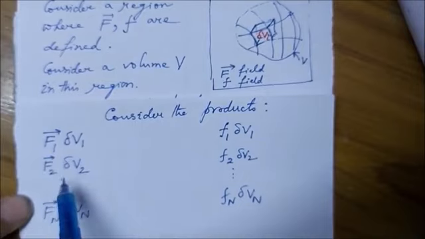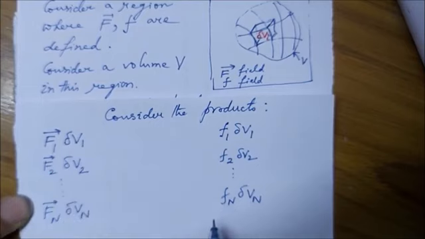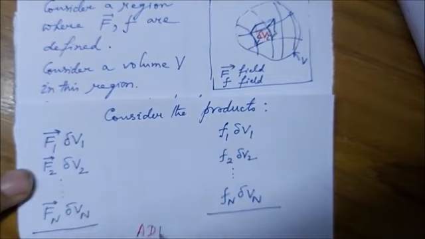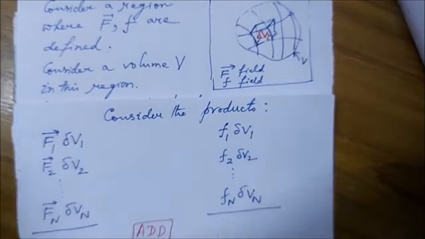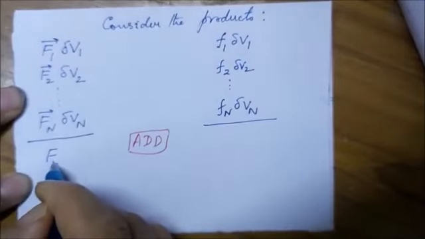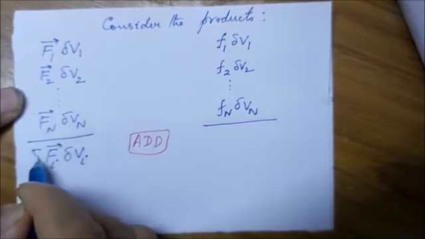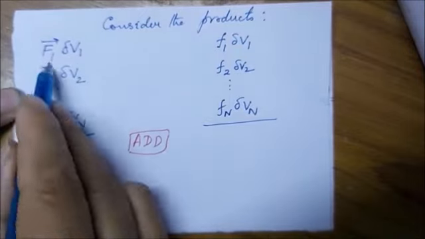Therefore, dot or cross sign should be avoided. Let us add such products to get. Let us write the ith one first and then sum over i from 1 to n.